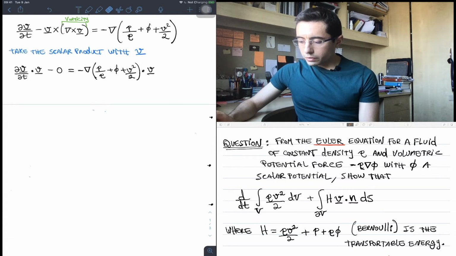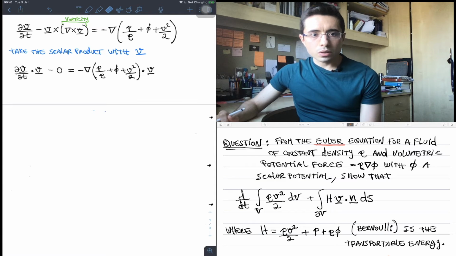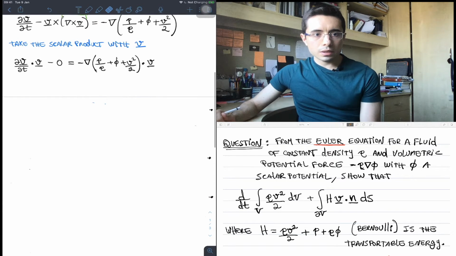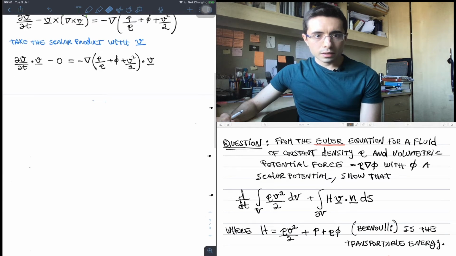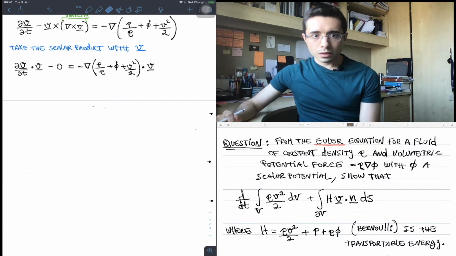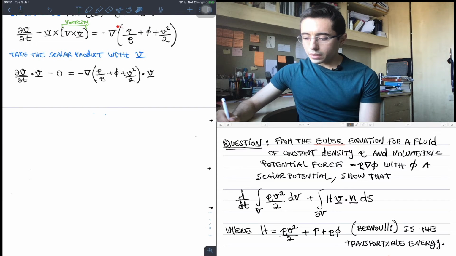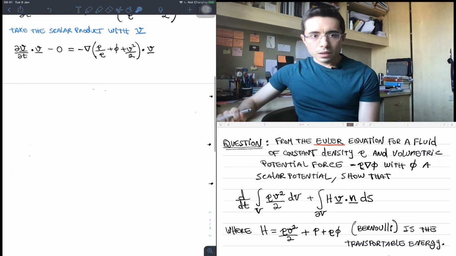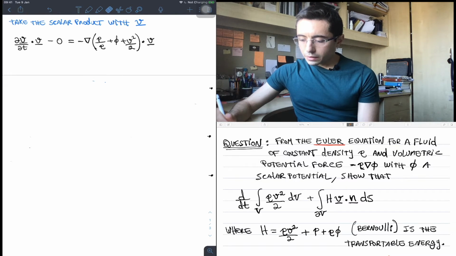So here we just have, right, it's straight. Now we have the scalar product dv/dt with v minus 0. The gradient is there, and the scalar product with v. So I just took the scalar product of that part with v, right? All right, so the next step then.